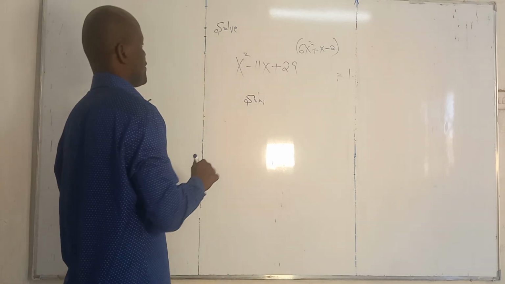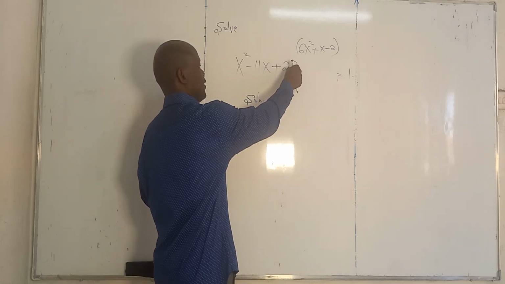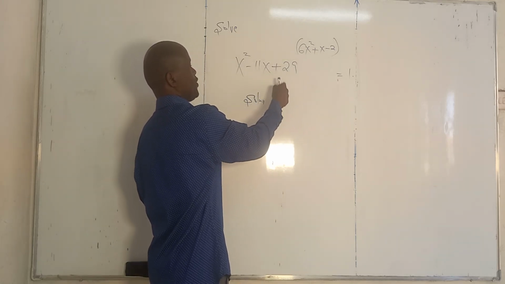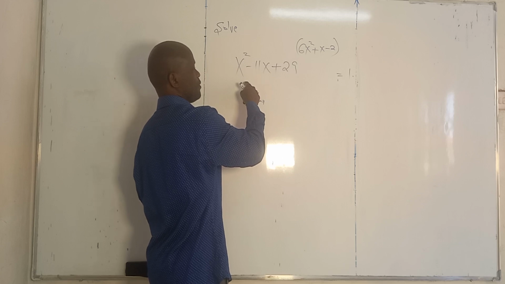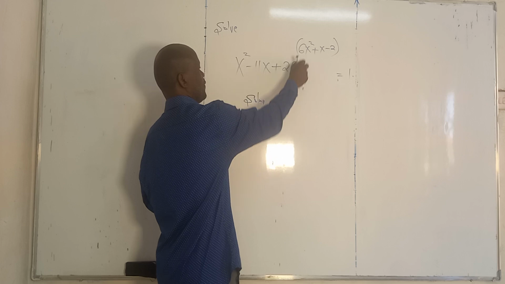We first take a case that we can only have 1 if this base is 1. If the whole of this is 1, the base is 1 and this is 0.